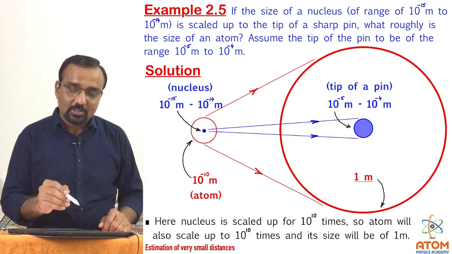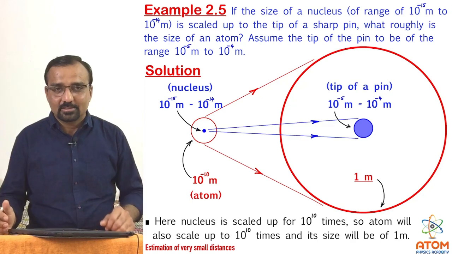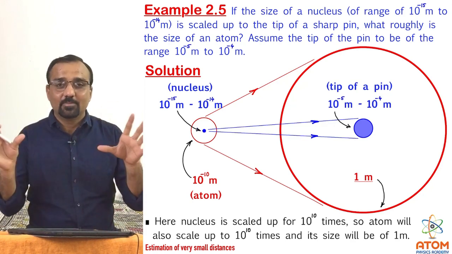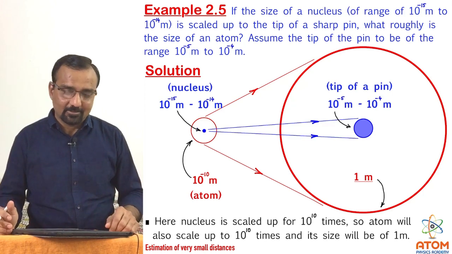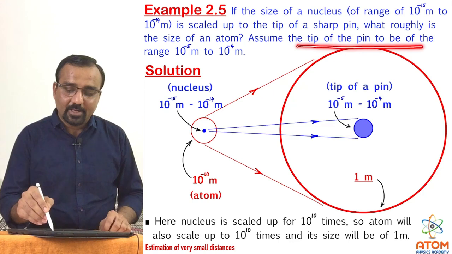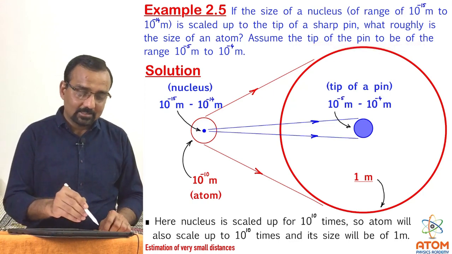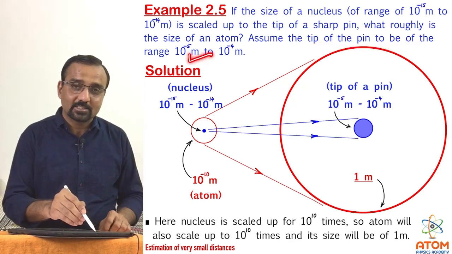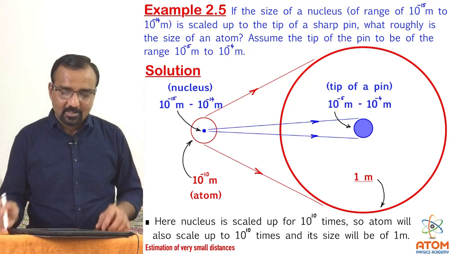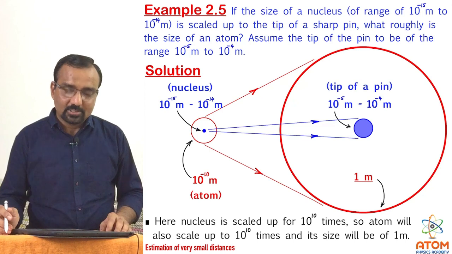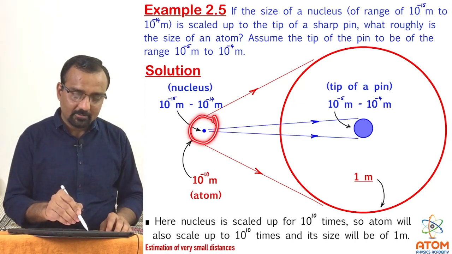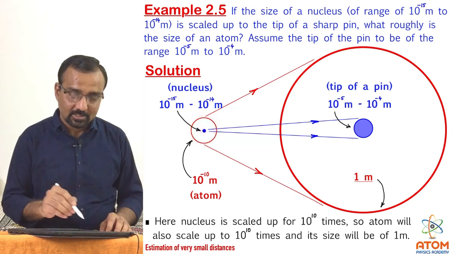So, the question is, if we scale up the nucleus up to the size of a pin, then what will be the scaling up of the atom itself? Here it is given that the tip of a pin has a size of the order of 10 raised to minus 5 meter to 10 raised to minus 4 meter. Now, to understand this situation, see this figure here. This is an atom inside which here is a nucleus.